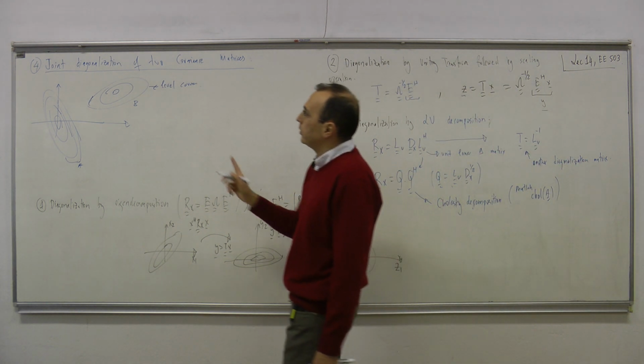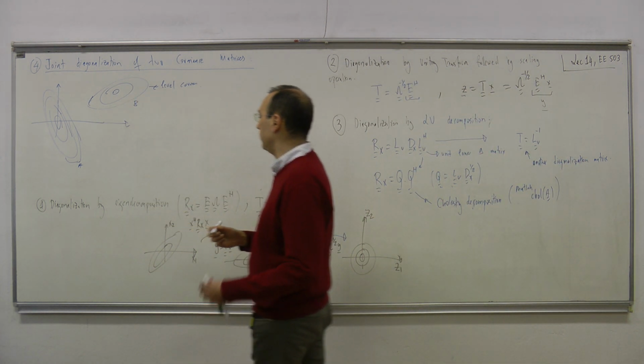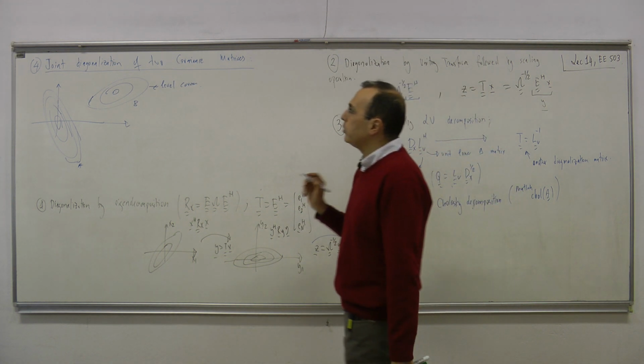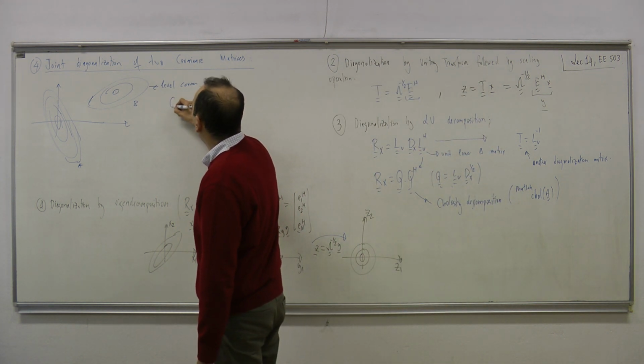So how can I do that? But I want to align both of them at the same time. Well, I'll be doing this in 2 steps. So let me write the goal.